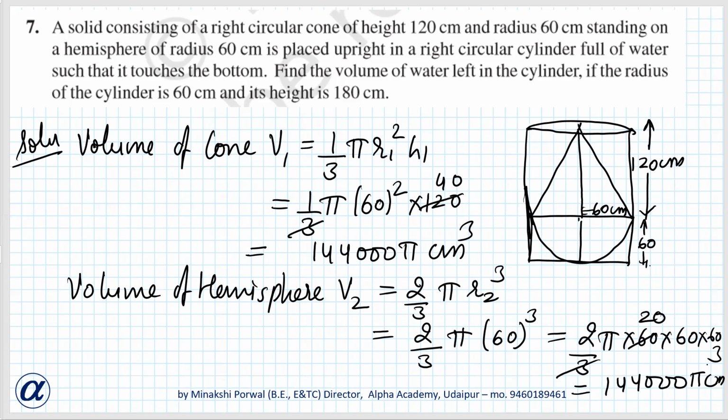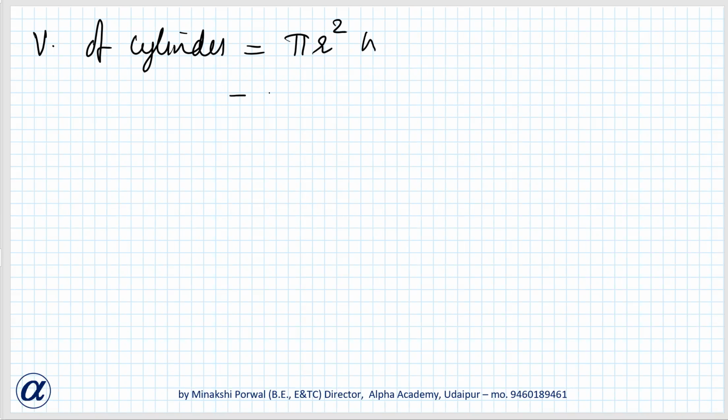Now we have to find the volume of water left in the cylinder. And now we'll find the volume of the cylinder and from it subtract the volume of the cone and the volume of the hemisphere. Volume of cylinder is equal to pi r square h. Radius of cylinder is 60 square and height of cylinder is 180.